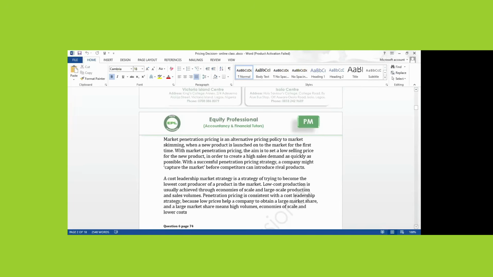The company must pursue a cost leadership market strategy.